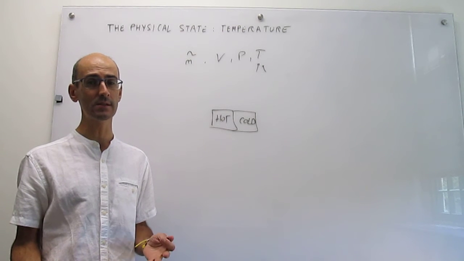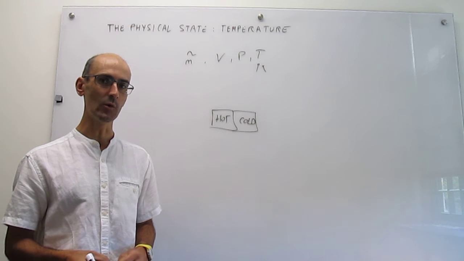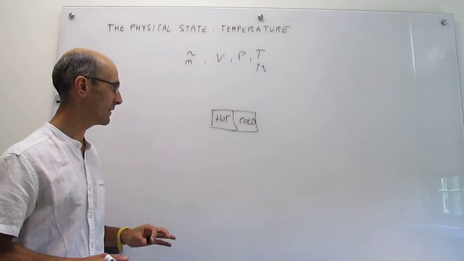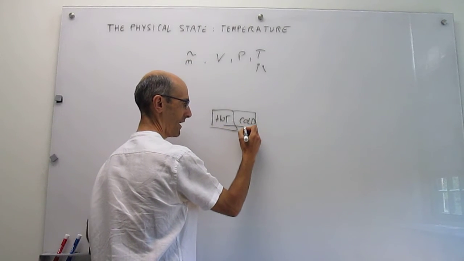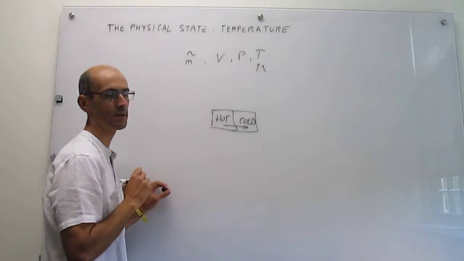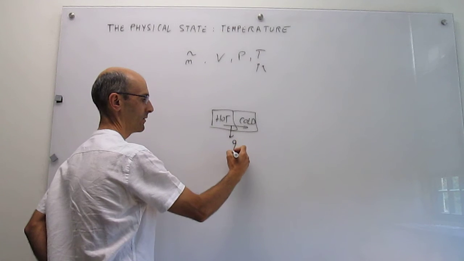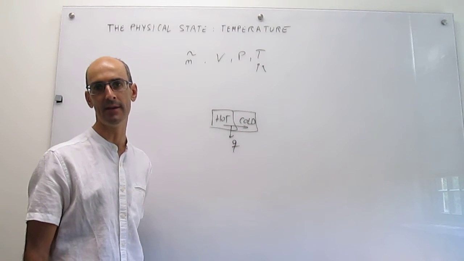The gradient of temperature tells you the direction in which thermal energy will flow. In this case, energy will flow from the hot object to the cold object as heat. As a matter of fact, we can already write the letter for that energy transfer.